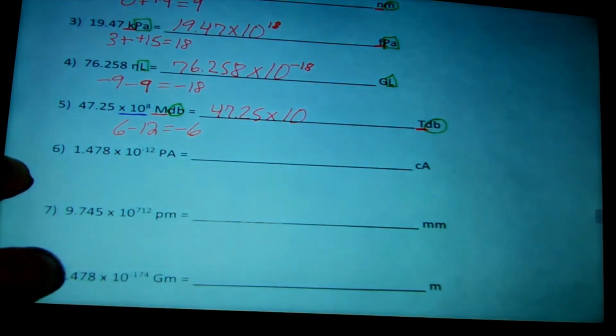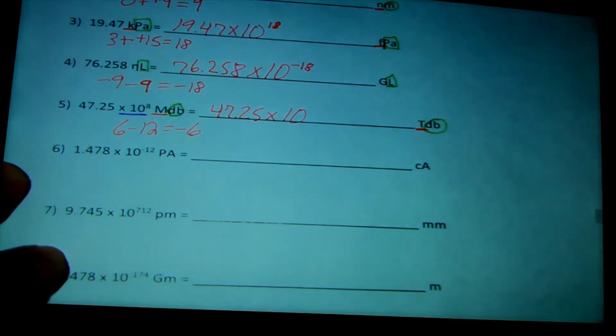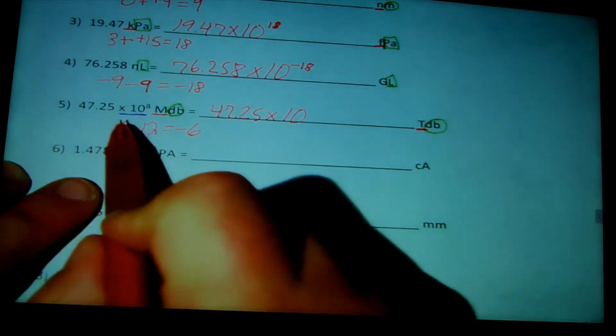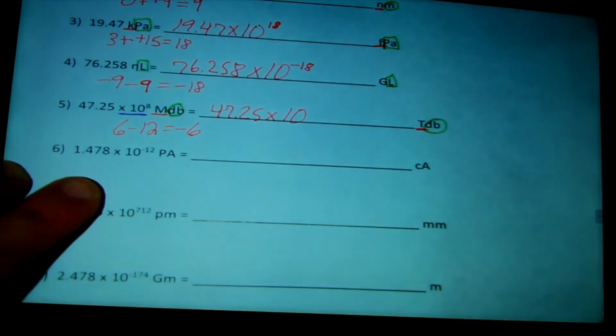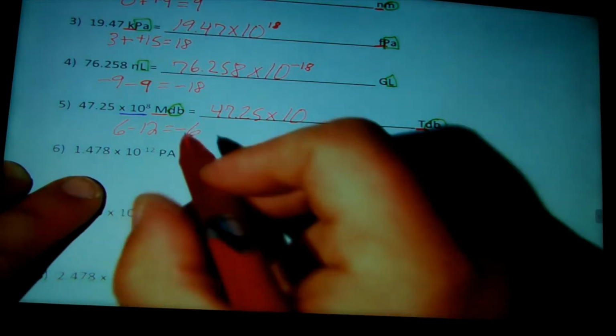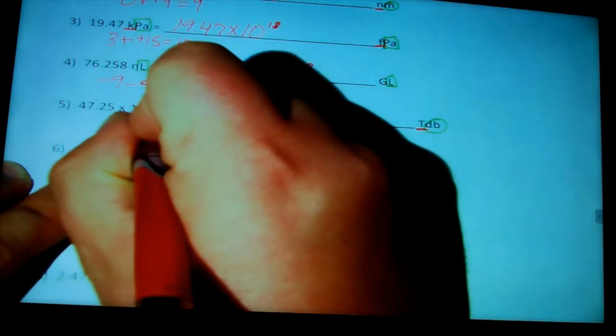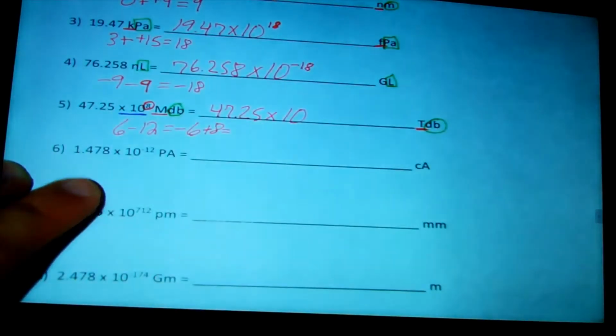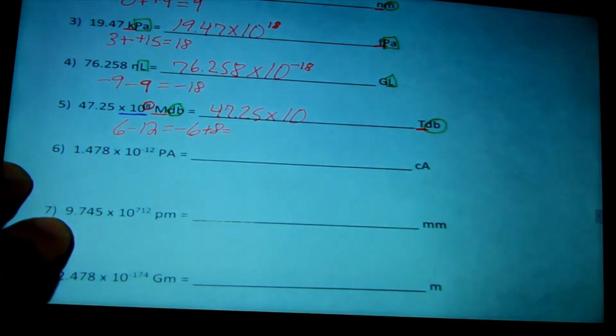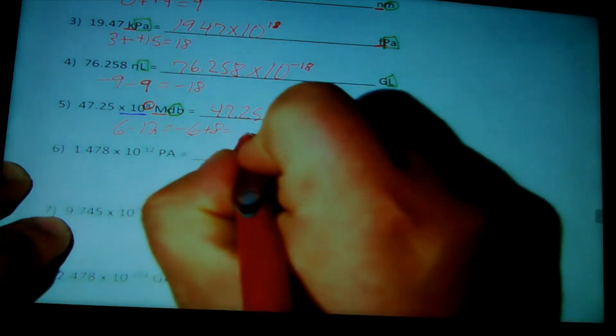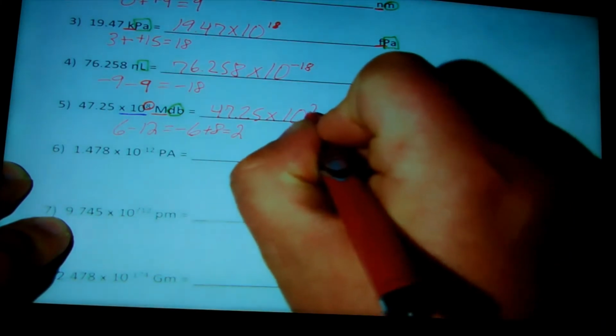Now there are no exponents on the units, so we don't multiply by anything, but we did start with an exponential value, as I pointed out before. So we'll add 8 to that. So negative 6 plus 8, I'm getting the 8 from right here. So negative 6 plus 8 is equal to 2. So that exponential value is 2.